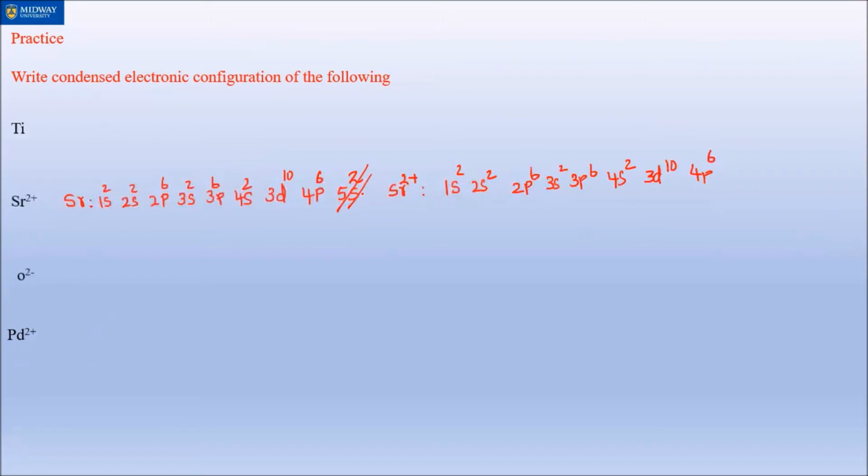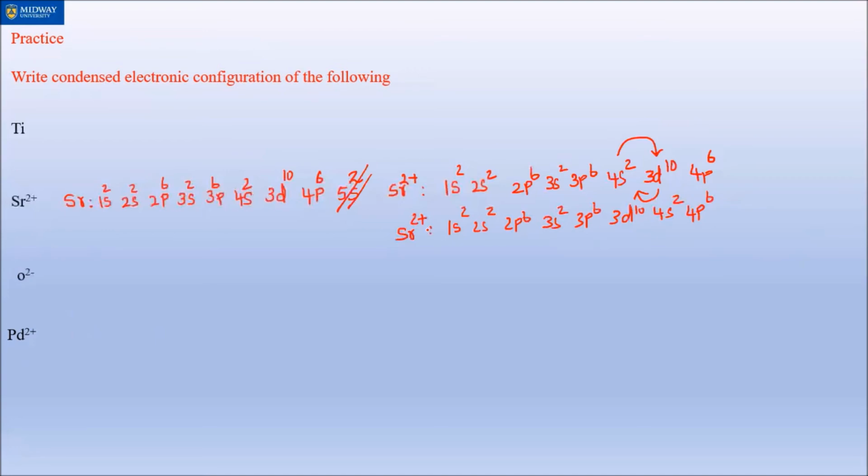Well, I shouldn't have removed it, but I guess in this case it doesn't matter. But you should be very careful. This is not complete yet, right? I should have done it prior, but you can excuse me this time because I don't think it would have mattered. But you need to make sure that you switch before you take out electrons. But again, because 5p is independent, it would have had no effect. Now, this is the correct electronic configuration for Sr2+.